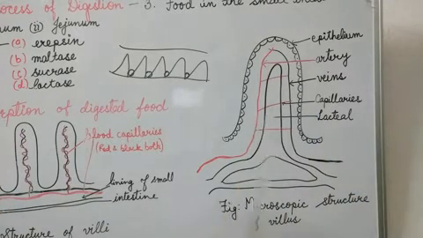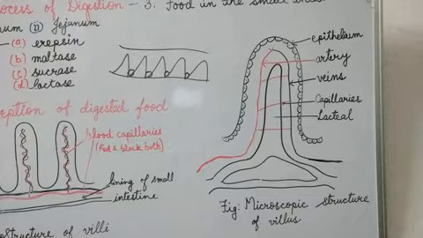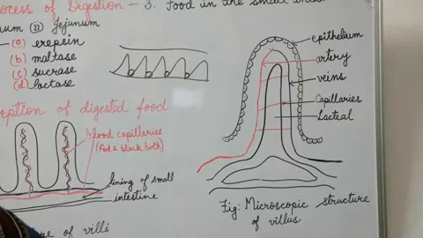Now the end product of the digestion you have to remember here. First one is the simple sugar, that means glucose, fructose and galactose. Then from the protein we got amino acids. So the epithelium cells have the capability to absorb simple sugar and amino acids because they have very small size molecules.